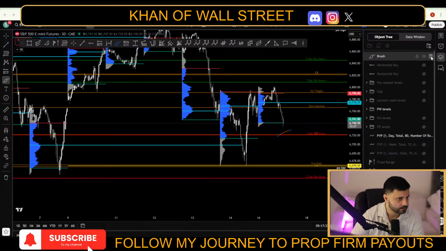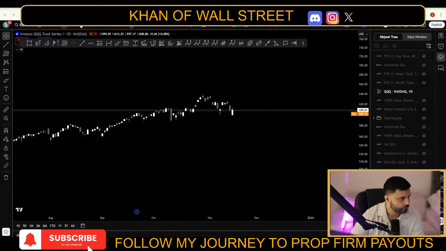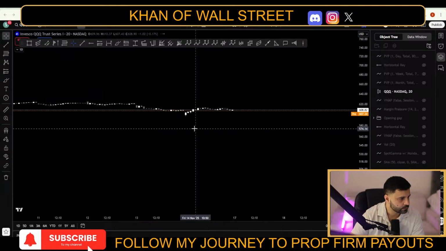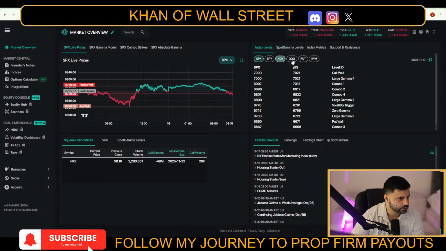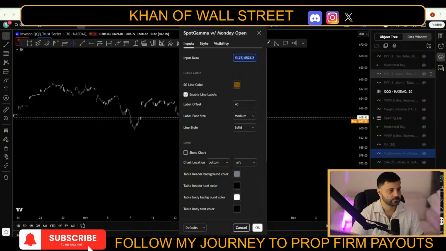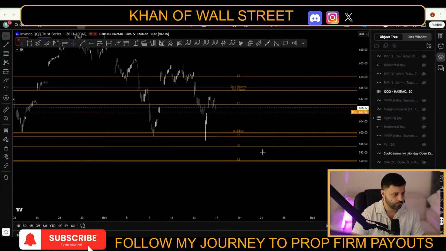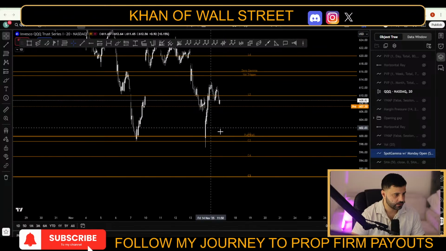All right. Let's have a look at QQQ. Let's look at QQQ gamma exposure levels. Copy and paste those. Let's see what we have here. 600 is your big gamma level on QQQ.